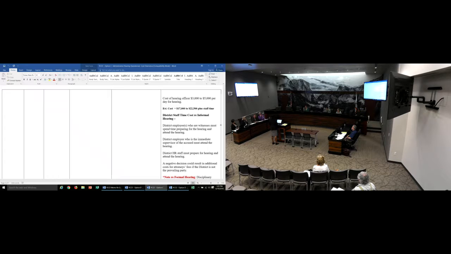We actually haven't had one go all the way to termination in a really long time. They've usually settled, but that's what I've understood to be the industry standard, $200,000 to arbitration. Because when you go to arbitration, the standard doesn't change, but the rules of evidence change and how you introduce evidence.